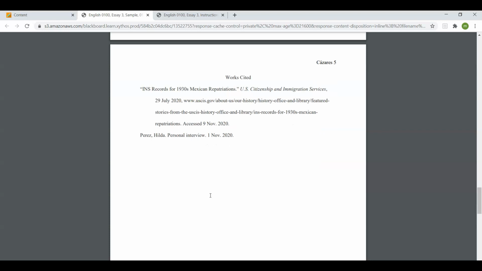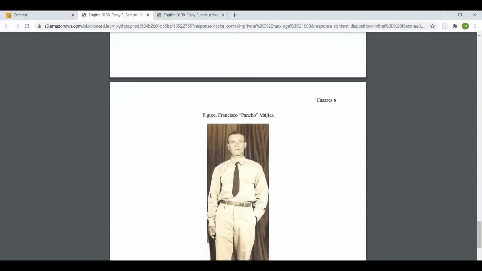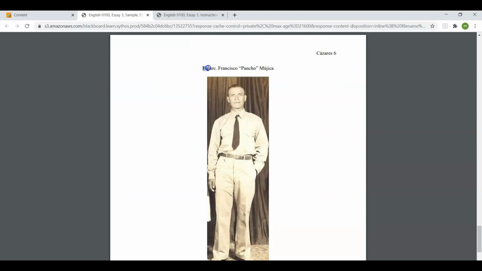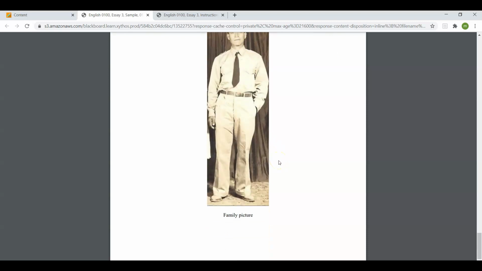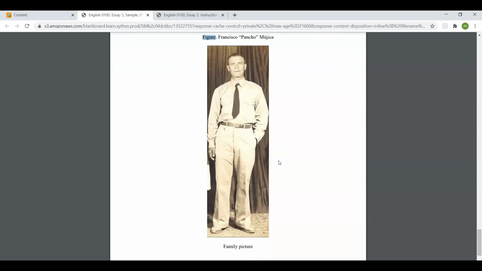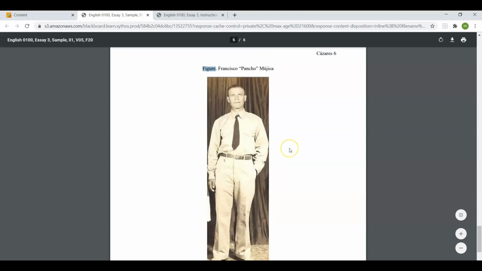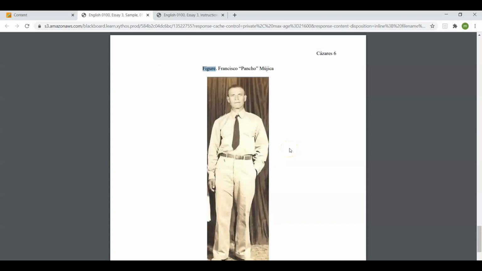And then there is a last page, which is a figure. A figure is an image or a chart or a graph. I chose to put an image, basically a picture. And I imagine that's the one you're going to choose too. You probably will be providing a picture of the person that you are writing about, or maybe a picture of something related to the person if you don't have a picture of the person.